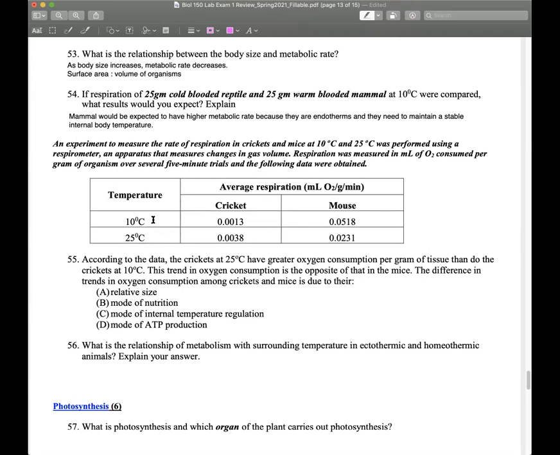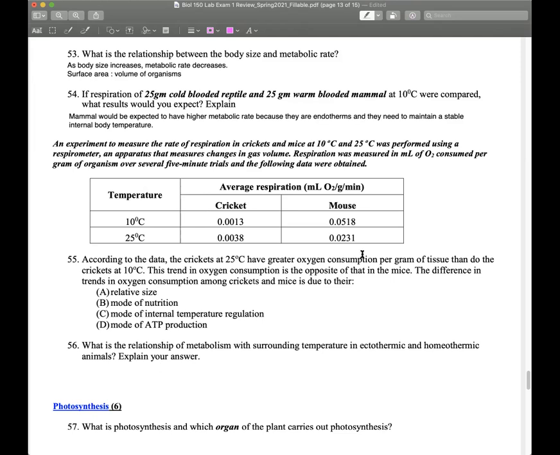So 10 degrees Celsius, that's pretty chilly. That's about 40 degrees Fahrenheit. 25 degrees Celsius, that's closer to room temperature. That's like, I don't know, 74 degrees Fahrenheit. So according to this data, the crickets at 25 degrees have a greater oxygen consumption per gram than at 10 degrees.